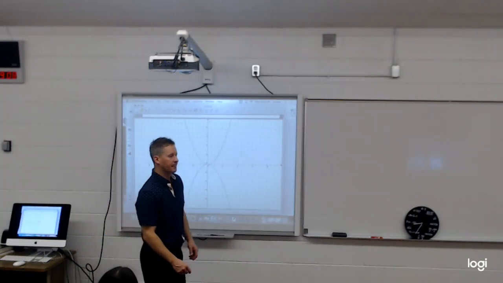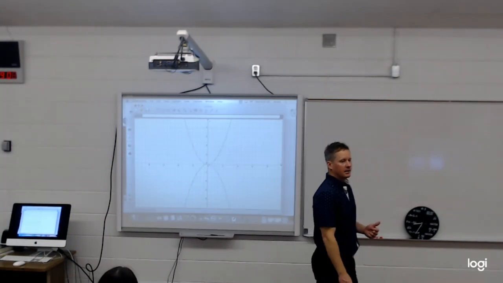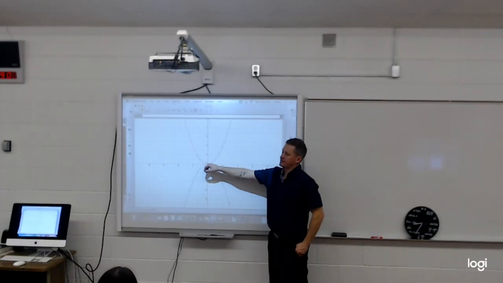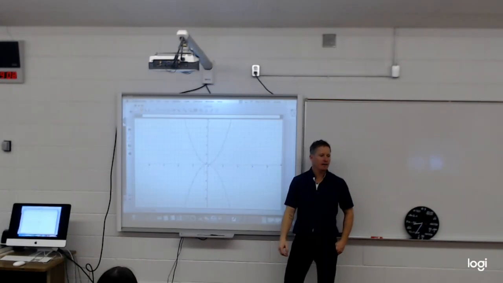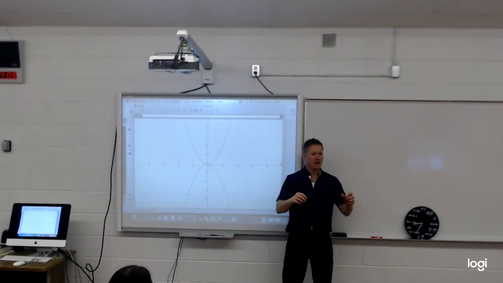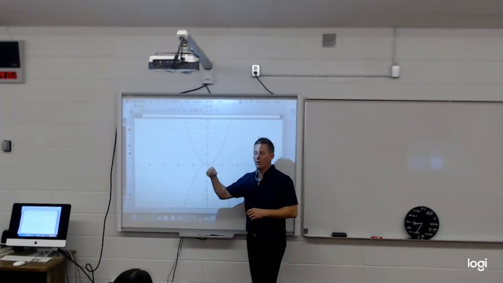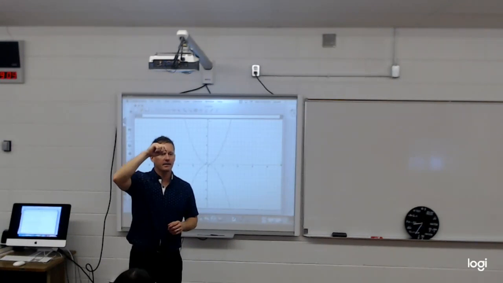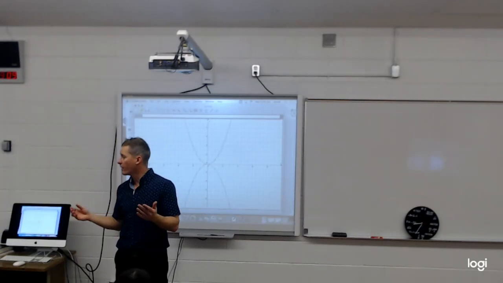There it is. Okay. So now, my vertex is still 0, 0 in this case, right? Still right there. My vertex again is the highest point or the lowest point. It's also the coordinate that is on the tip of the turn, whichever way you want to look at it.